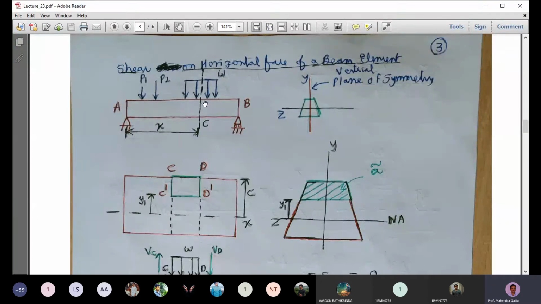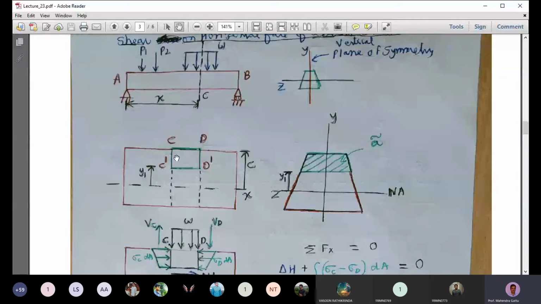Then we look at that small segment bounded by those two vertical sections and that horizontal surface. That is what is shown here. We have C prime, the first vertical segment, and D prime, the second vertical segment.